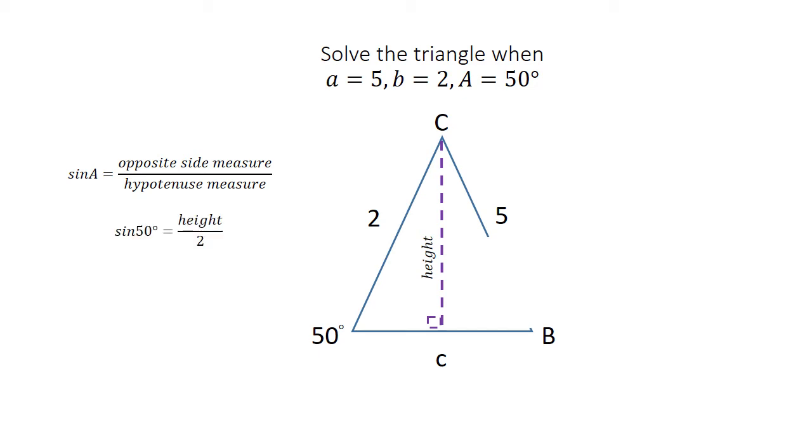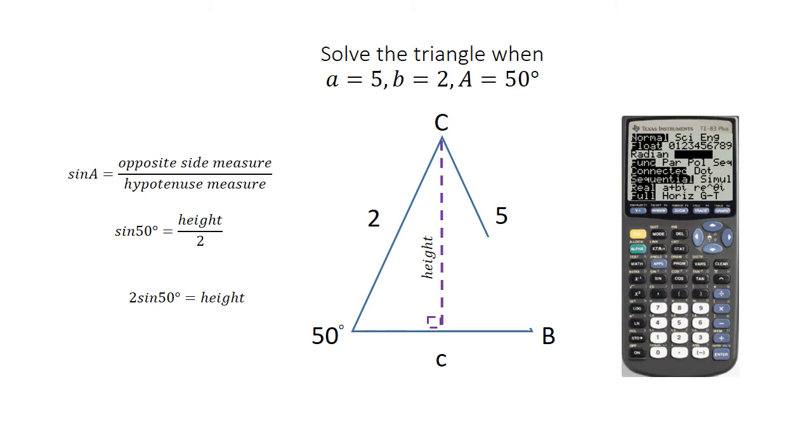We simply need to identify our height, which is the opposite measure, and our hypotenuse. We have the sine of 50 degrees is the height of this triangle divided by the hypotenuse measure. Multiplying 2 on both sides of the equal sign, we discover that 2 times the sine of 50 equals the height of this triangle.